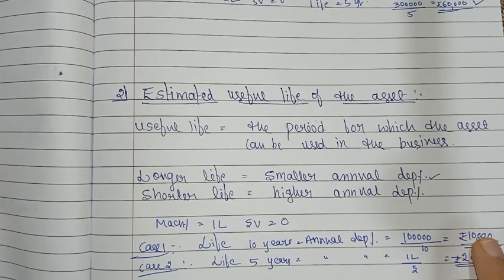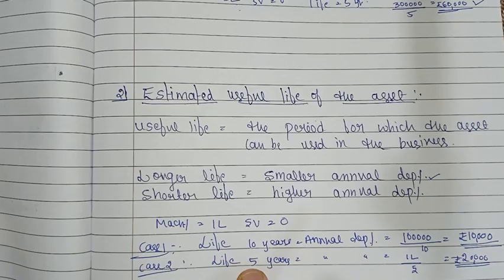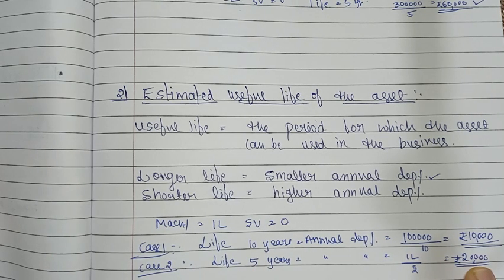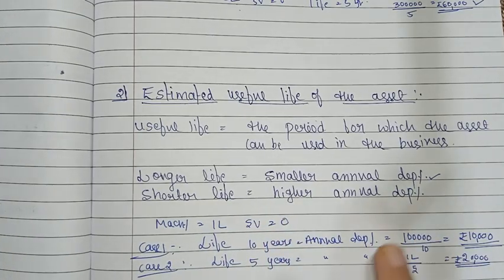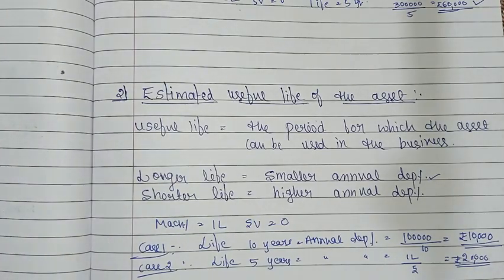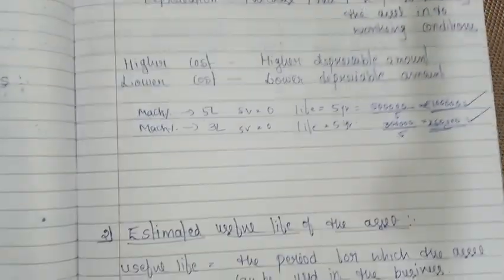In the case where the life of the machine is long, the depreciation is smaller. And if the life of the machine is short, here 5 years, the depreciation is 20,000, which means a bigger amount each year. Higher annual depreciation. So the first factor is the cost of the asset and the second is the estimated useful life of the asset.